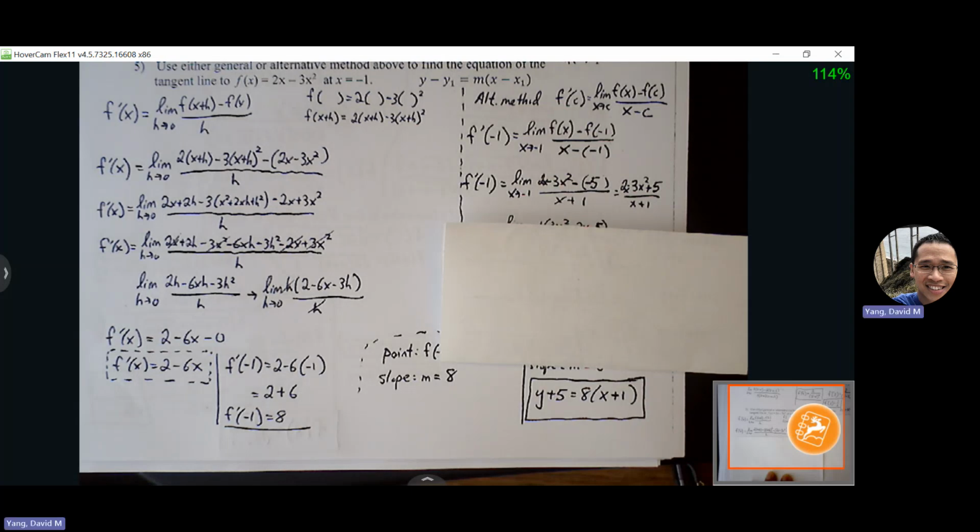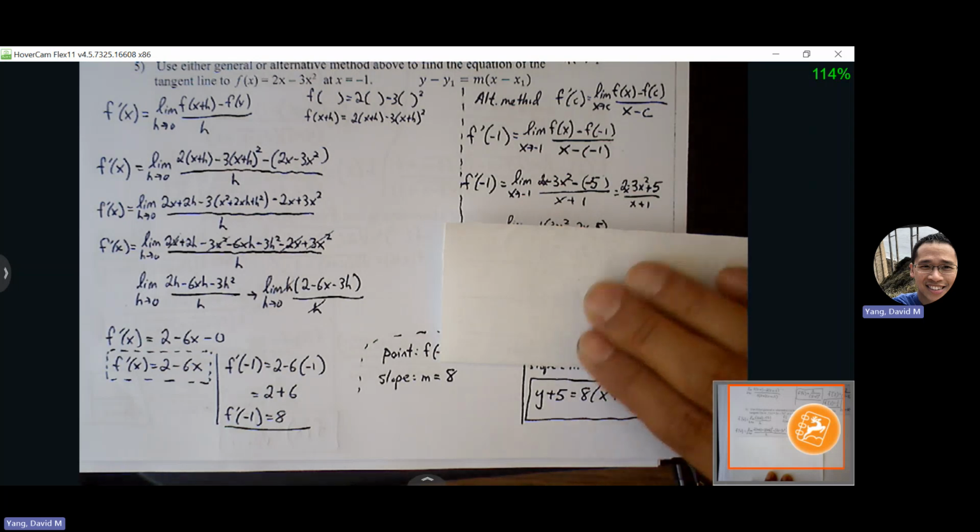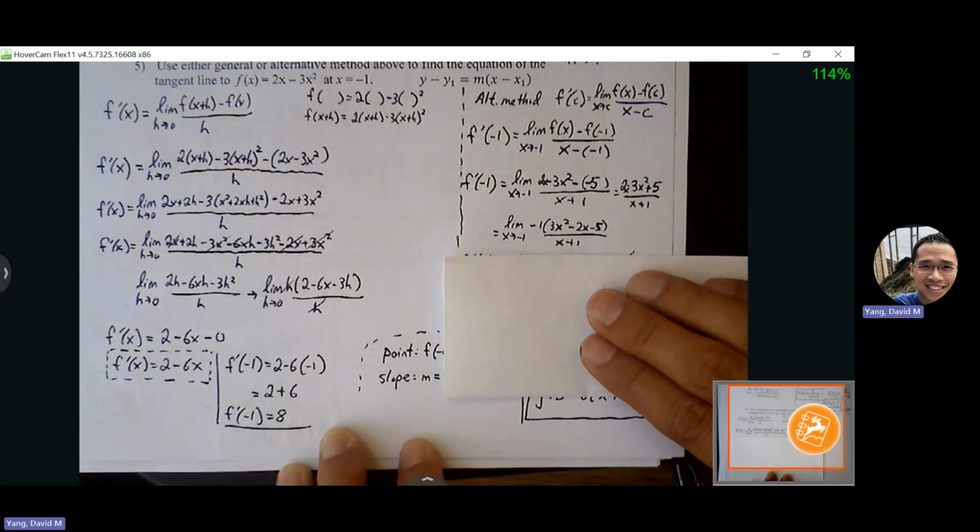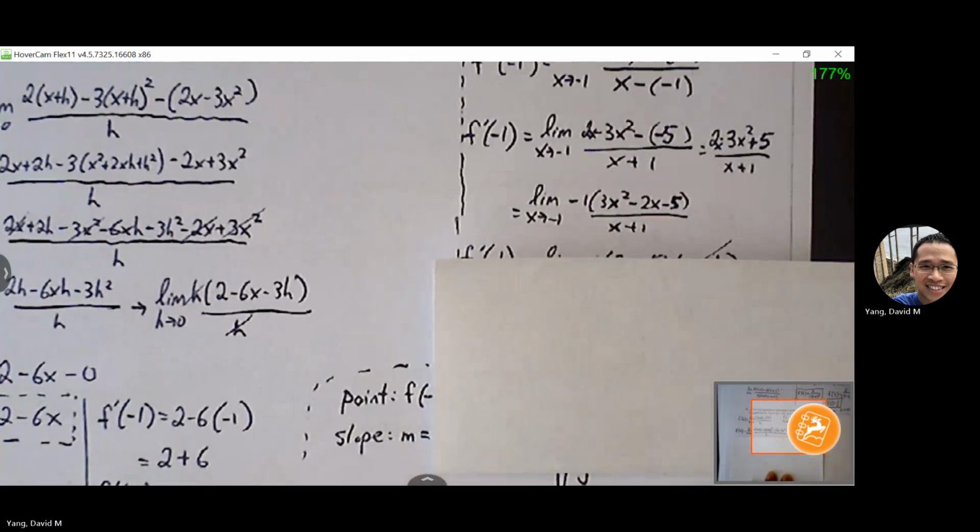So 2x minus 3x squared plus 5. If I factor a -1 out, I get a trinomial factoring I can do with this problem. Multiplies to be -15, that's my a times c. Adds to be -2. Coefficient of 3.